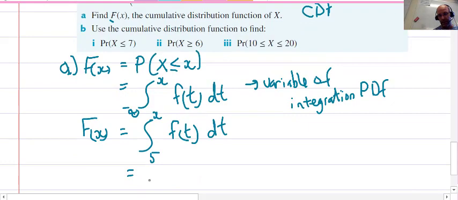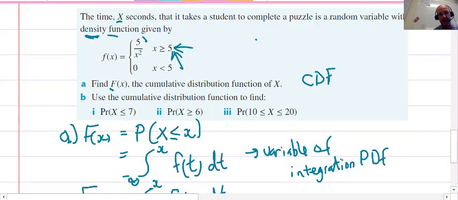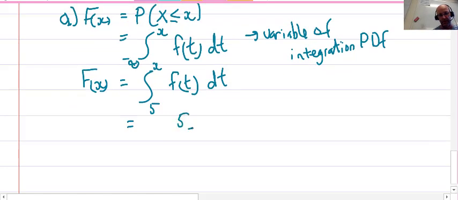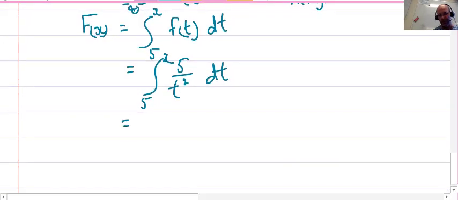Okay, and then we have, using the given function above, in regards to the variable t, 5 over t squared. So we have 5 over t squared dt from 5 up to x. Remember, we're trying to generate a function here, so our answer is going to be a function.